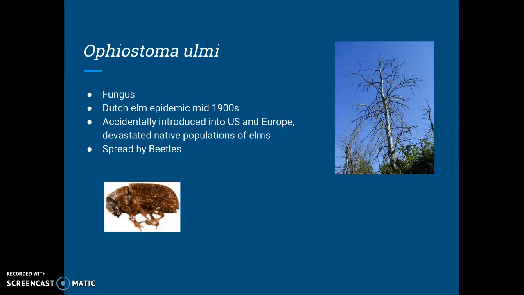And within a few decades, elm trees were dying by the hundreds of thousands in the U.S., and there were catastrophic losses within cities and different areas within the U.S. And so just because humans brought in a few new species to a certain area, we had these elms nearly truly devastated and nearly wiped out until there were removal crews and a huge fight against the Dutch elm epidemic.